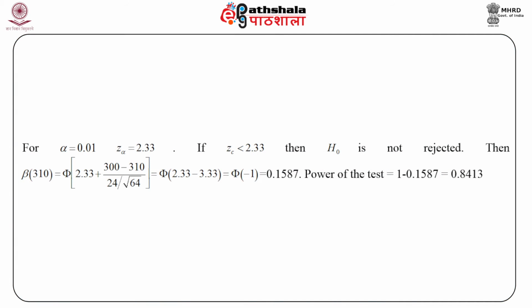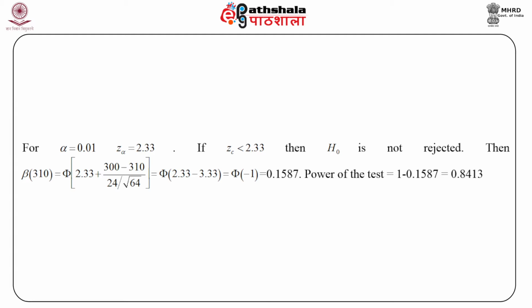Let's see the solution. For alpha equal to 0.01, Z alpha is equal to 2.33. If ZC is less than 2.33, then the null hypothesis H naught is not rejected. Then beta of 310 is equal to phi of 2.33 plus (300 minus 310) upon 24 by under root 64, which is equal to phi of 2.33 minus 3.33, and is equal to phi of minus 1, which is equal to 0.1587.